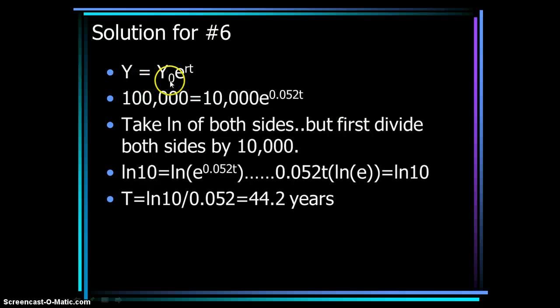But instead of using y0 times 1 plus your rate raised to however many years, we use e, okay? And it gives you the exact time. Most of you got this problem right. I'm not too worried about it, but I just did it as a continuously compounded problem, okay?